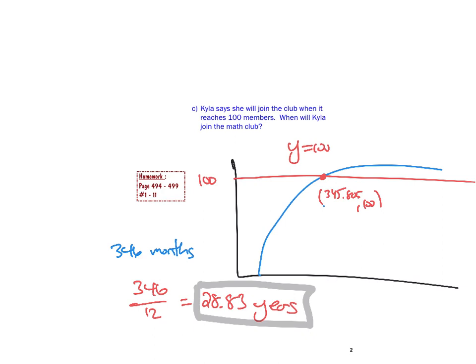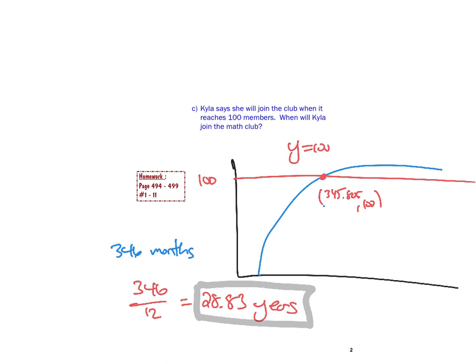We talked about limitations of models when we talked about the exponential models. You could definitely talk about the same thing here too. Although we see the growth is almost non-existent after a certain point, no matter what, there's going to be a point where no one else is probably going to join the club, because everybody that's wanted to join the club has probably already joined.